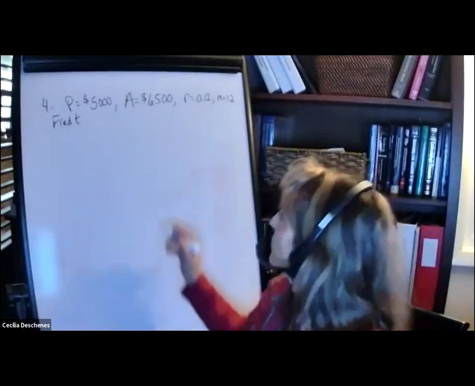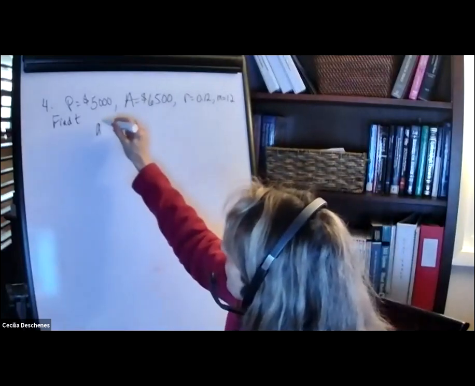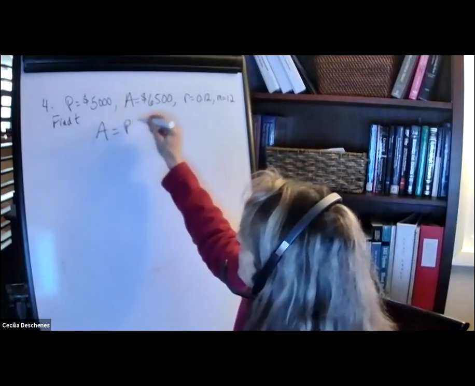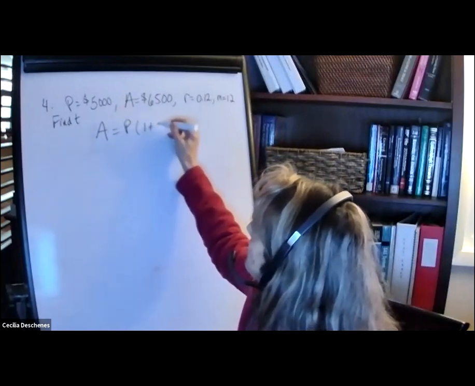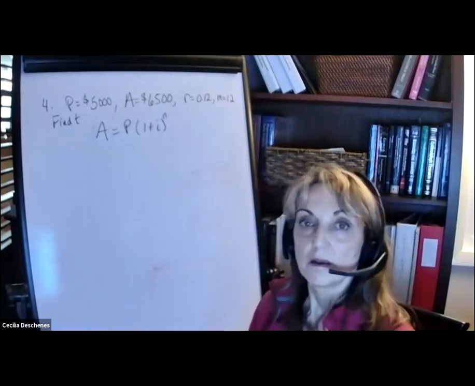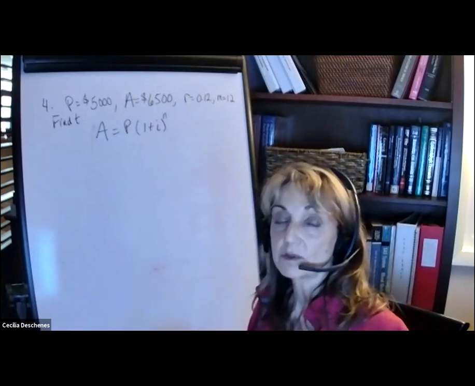Okay, so now remember by our compound interest formula that A equals P times (1 plus I) to the N. Now, whenever we're trying to solve for T, it's a good idea to go ahead and put the t back in.